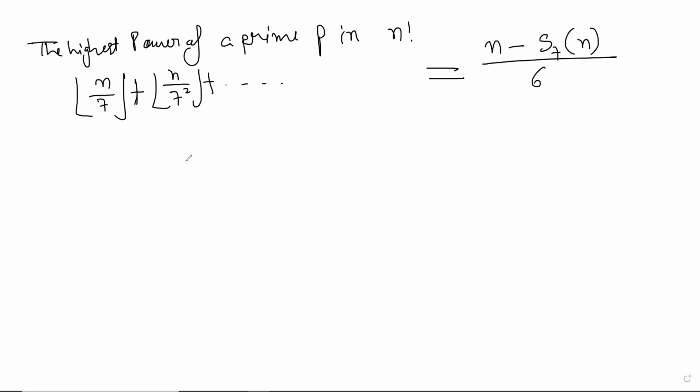Let us just try to look at what n looks like. When you write n in terms of powers of 7, how do you write it in general?